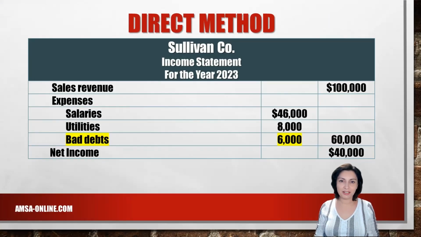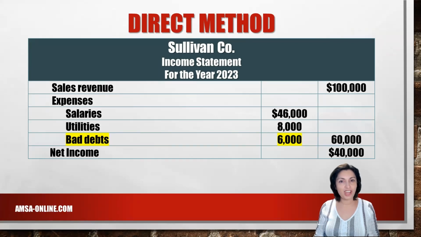Assume that the company's sales revenue for 2023 is $100,000 and expenses are $60,000. Net income is $40,000.